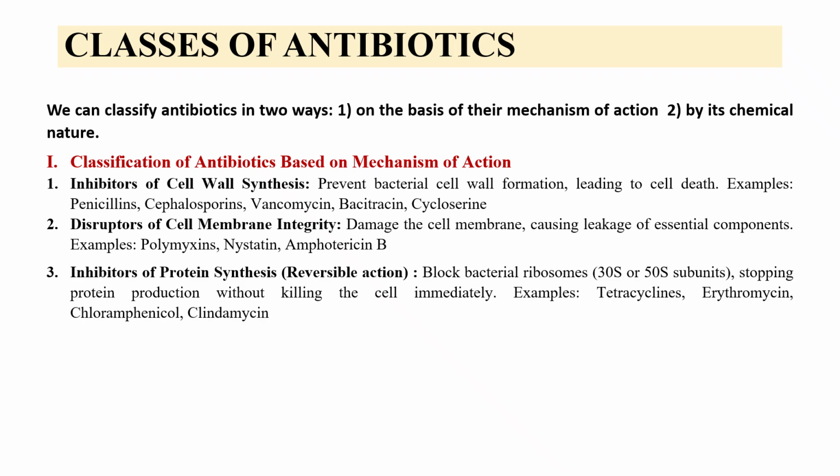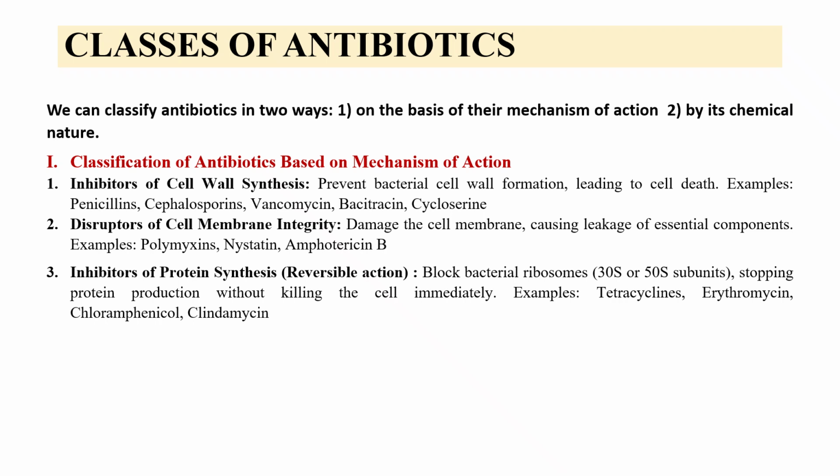Now there can be antibiotics that inhibit very important processes inside the bacterial cell, for example, inhibitors of protein synthesis. Some protein synthesis inhibitors have actions that can be reversed, and there are some whose actions cannot be reversed. They permanently damage the cell.